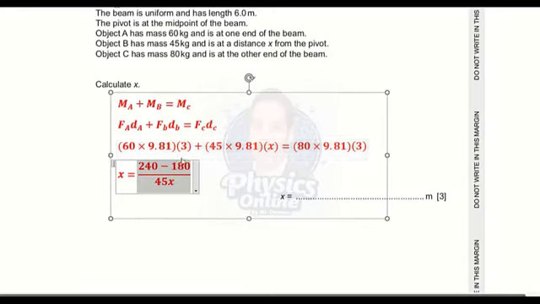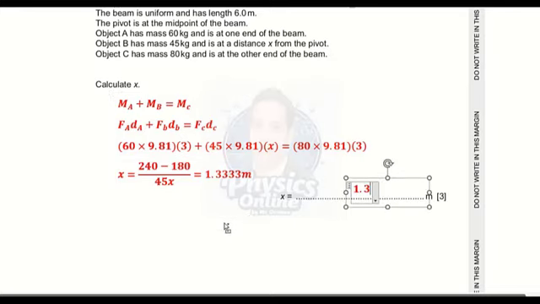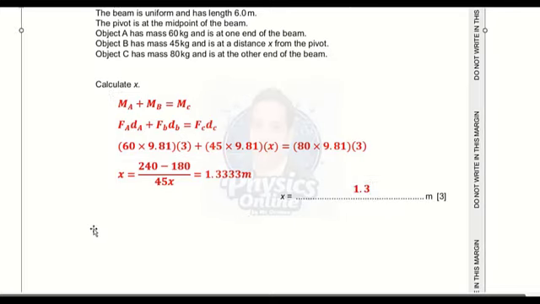Minus 180, divided by 45, gives you the answer 1.3333 meters. We approximate the number, and according to significant figures, we have only two significant figures here, so the answer will be 1.3 meters.